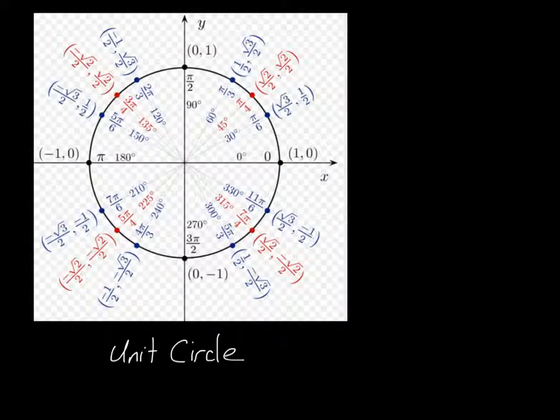So this right here is called the unit circle. It's super useful in trigonometry, and for your applications also very, very useful. And you can find a bunch of different points on your 3D printer with this information. Alright, and what this is, it's just a circle of radius 1 superimposed on the XY axis.